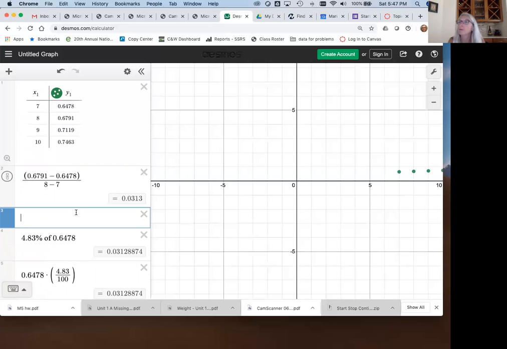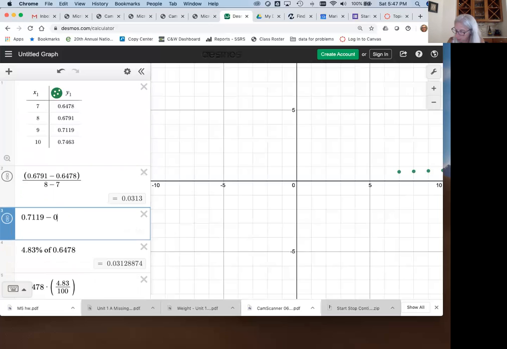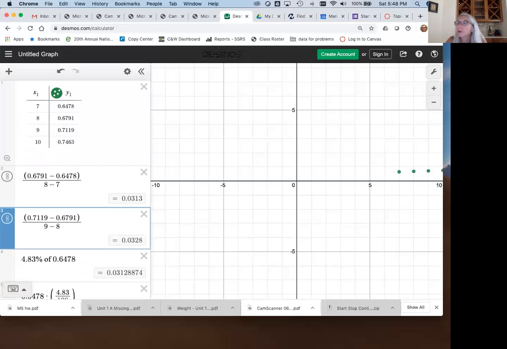So again, I'll start with my change in my outputs, 0.7119 minus 0.6791. That's the change in my output. I divide that by the change in my input, and I get a rate of change between year 8 and year 9. And somebody pointed out that this is the average rate of change. And you're exactly right. It's the average rate of change between those 2 years.